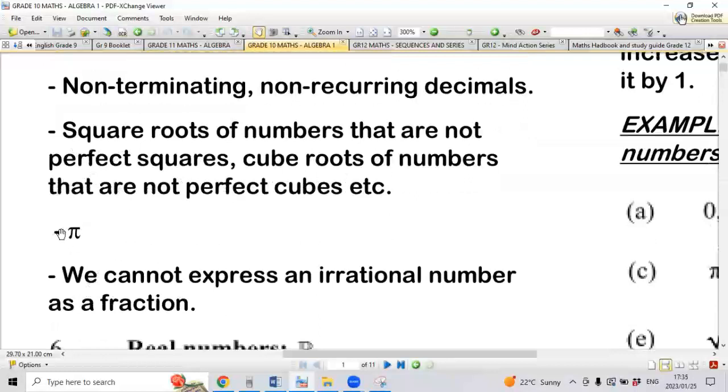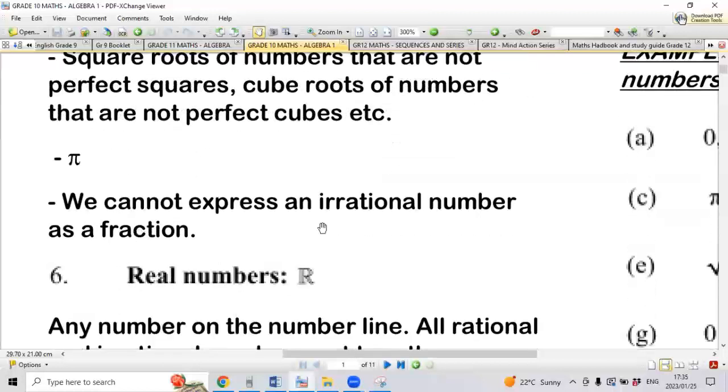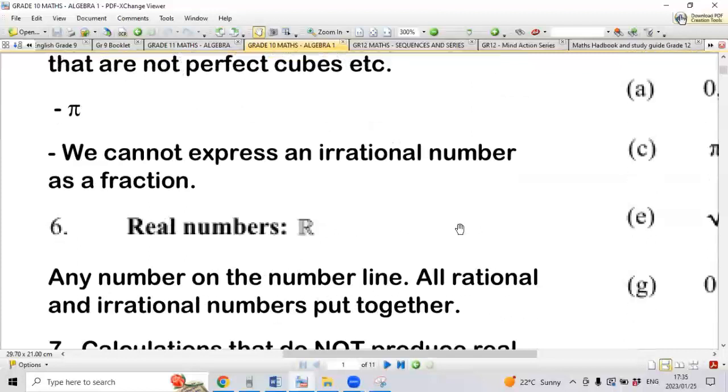Remember, pi is the circumference of a circle, meaning the perimeter of the circle, over its diameter. We roughly get 3,1412, and that would be a non-recurring decimal because you'd have lots of decimals that follow that. You cannot express an irrational number as a fraction, and that's important.